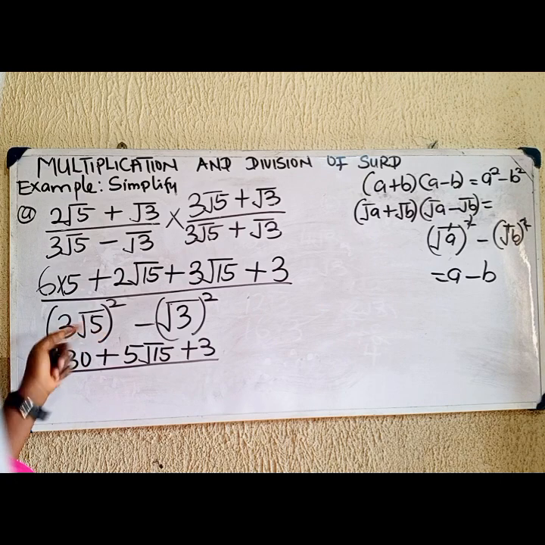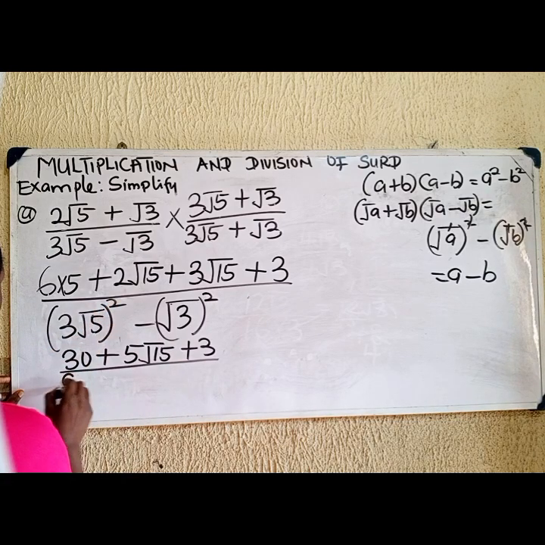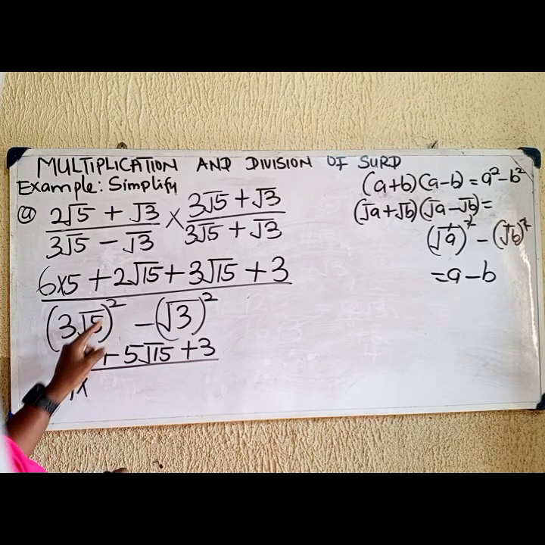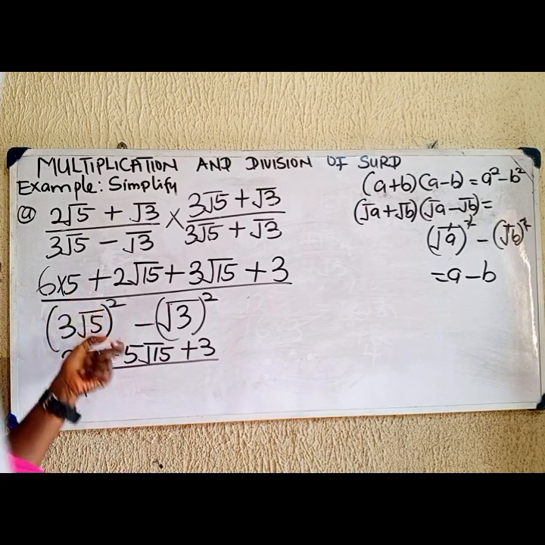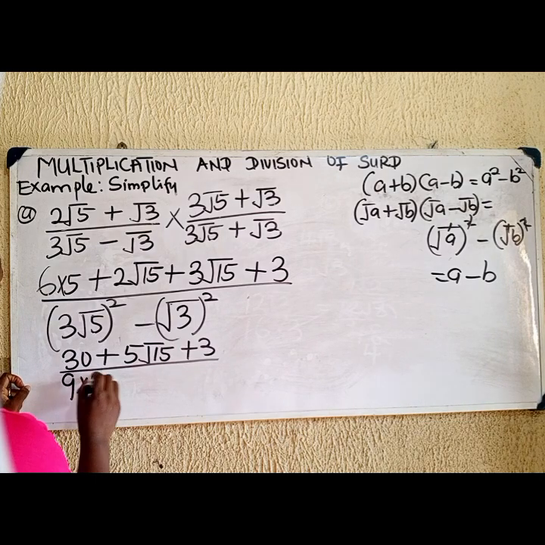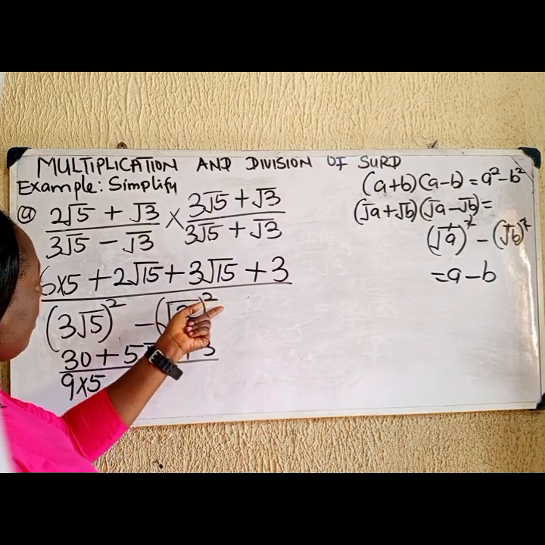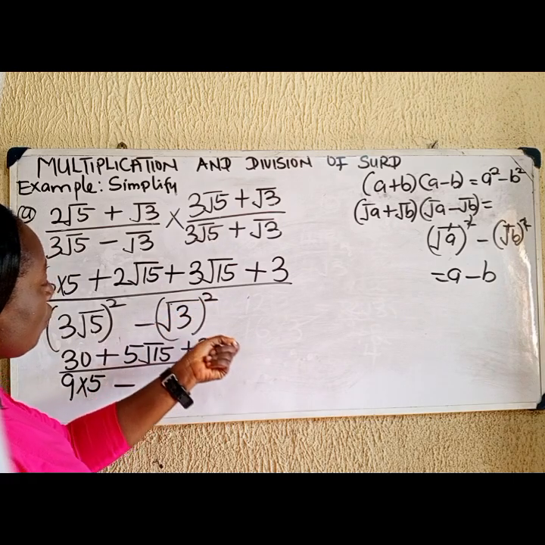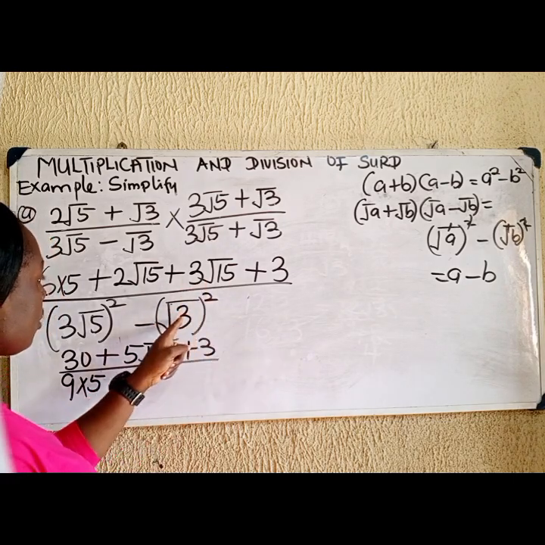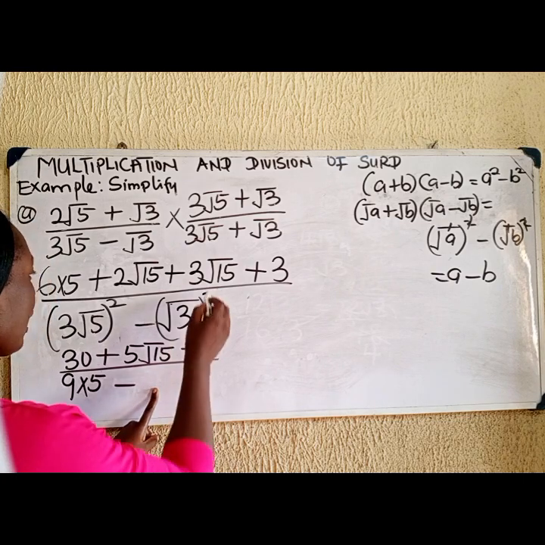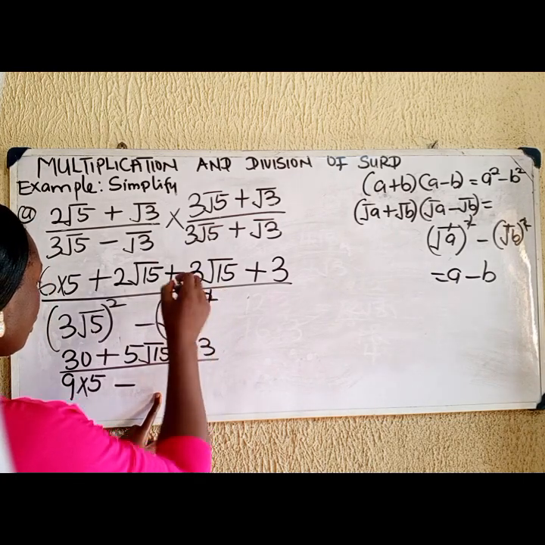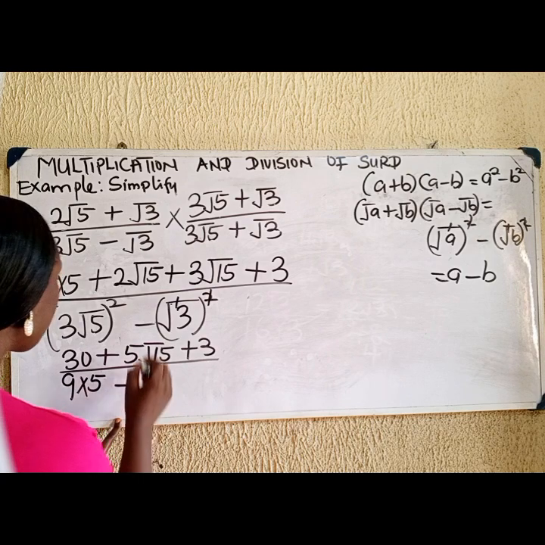Now opening this one, these two will affect the 3 and the root 5. So 3 squared is 9, times 5. Root 5 squared means root 5 times root 5, which is 5. Minus root 3 squared means root 3 times root 3, which will give me root 9, and the square root of 9 is 3. Or you can cancel the square root, giving me 3.